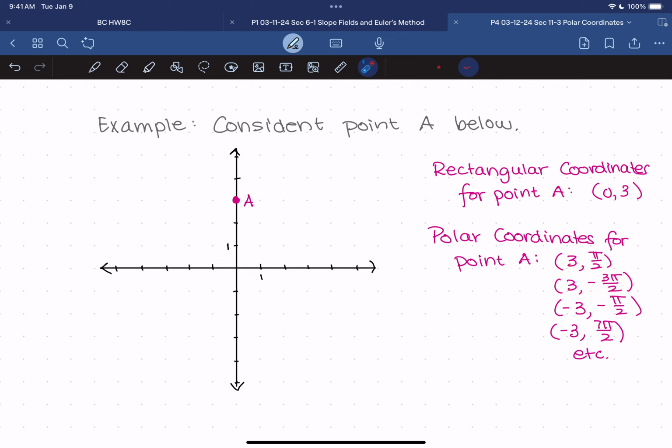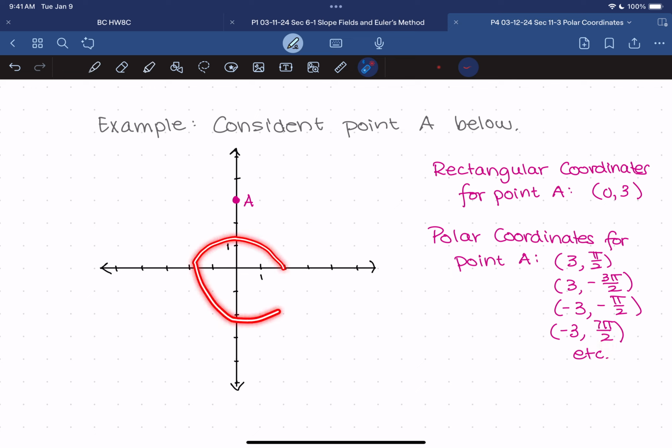So maybe we use this pair to describe it. Or what's crazy is we can have a negative r. We could say we're at negative pi over 2 radians, on this ray right here. But when we talk about a negative radius, rather than going in this direction, we go the opposite direction 3 units and still wind up at the same point. Or we could be at the ray negative 7 pi over 2.